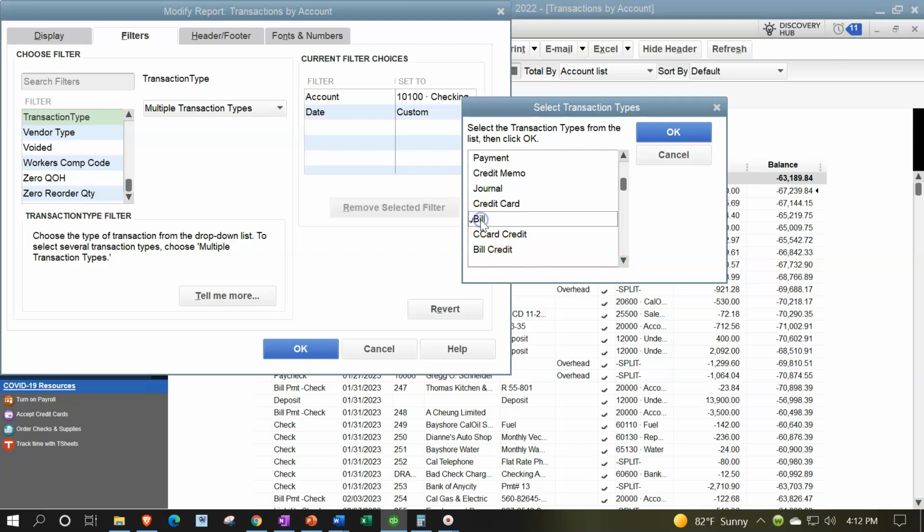We're going to say bill, no, that would be for the accounts payable, not for the checking account. So the pay bill is the one we would be looking at, and the sales tax payment possibly, purchase order, inventory, item, paycheck possibly, and then payroll liability check. We also have liability adjustments, estimates, transfers possibly.